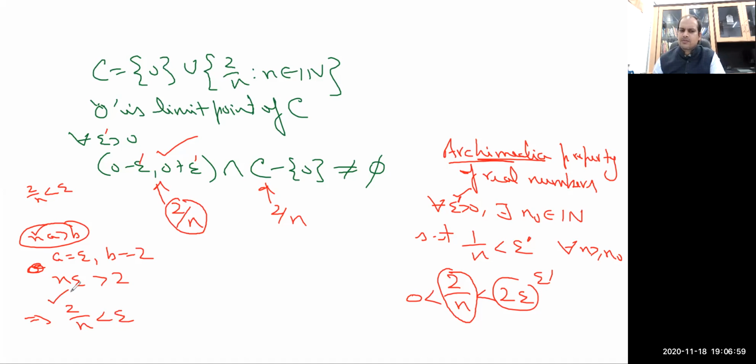So either use this, that for A greater than 0 and B greater than 0, we will always get a natural number n such that n times A is greater than B. So in that, if we take A equal to epsilon and B equal to 2, then we always have this.